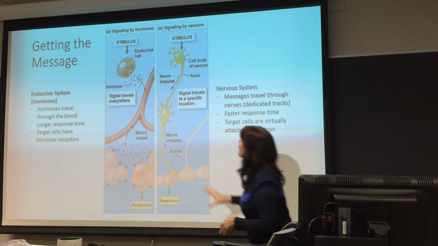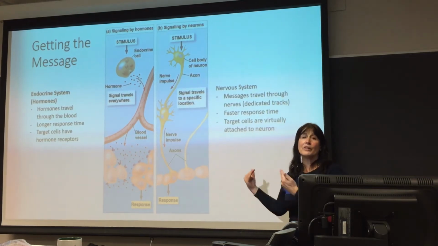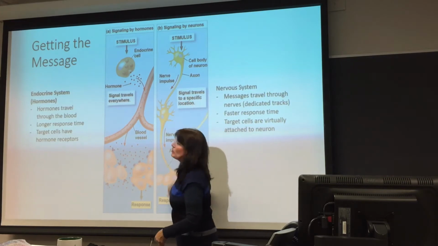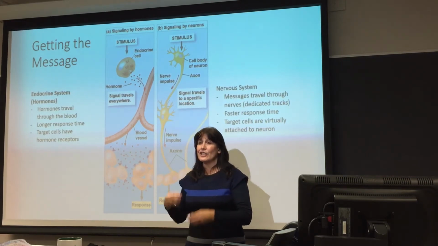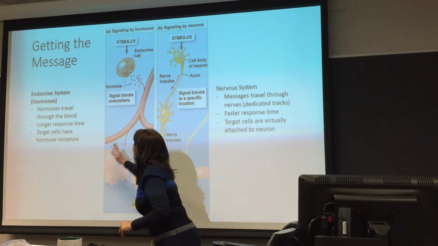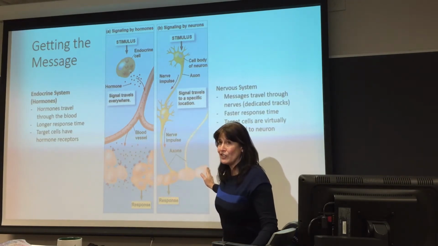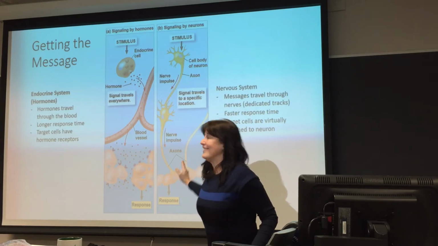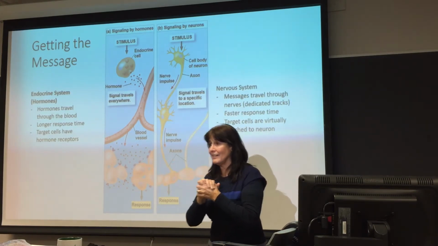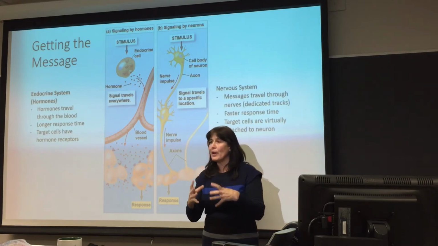Let's contrast that with the neurological system. The neurological system is going to go through the nerves, right? It can only go where things are wired up. Which one do you think can deliver the message faster? Yes, the neurological system can go really fast. So it's a highway, it's quick.